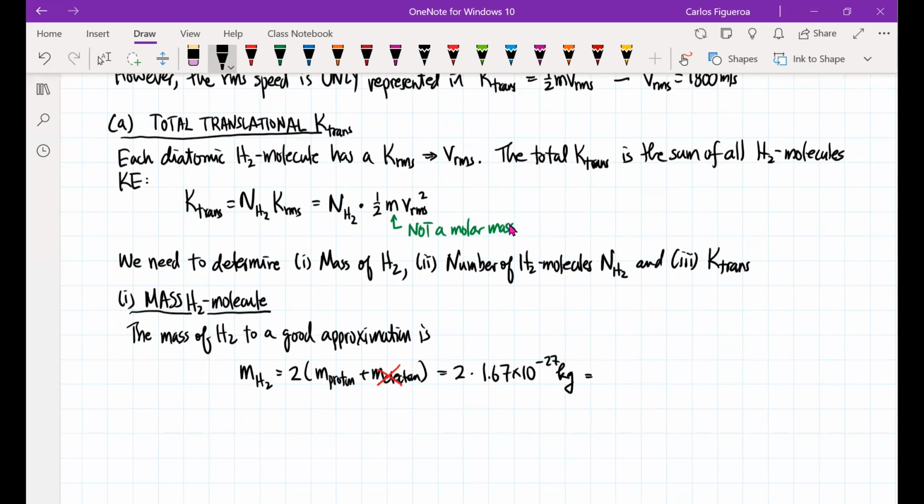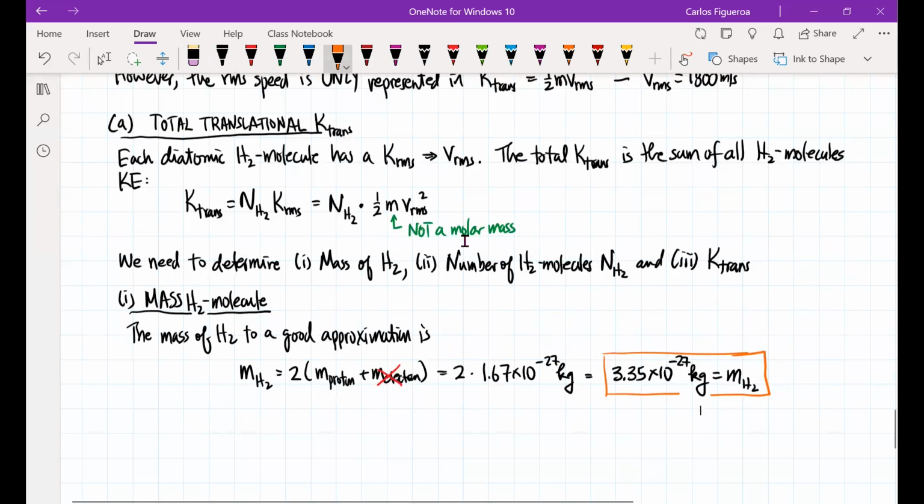So this is 3.35 times 10 to the minus 27 kilograms. That's our good approximation of the hydrogen gas molecule mass.